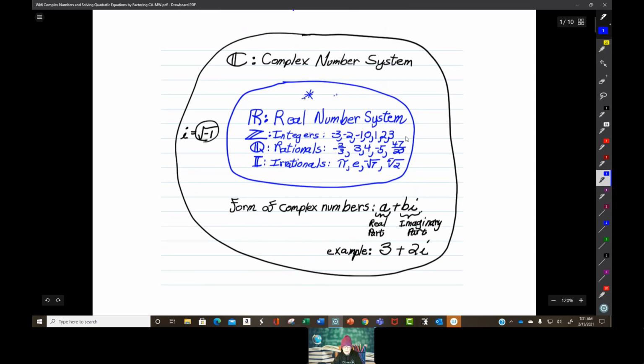And of course, talking about square roots, you know that you cannot, in the real number system, take the square root of a negative number. You'll get an error message. The error message says non-real number, and that's because square roots of negative numbers live elsewhere. They live out here in the complex number system, right there.